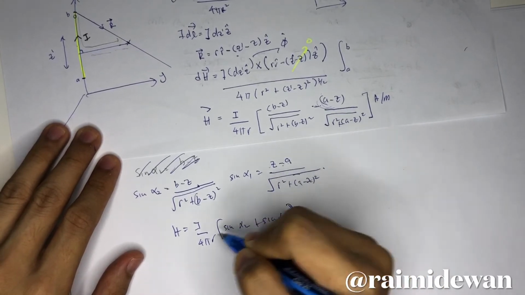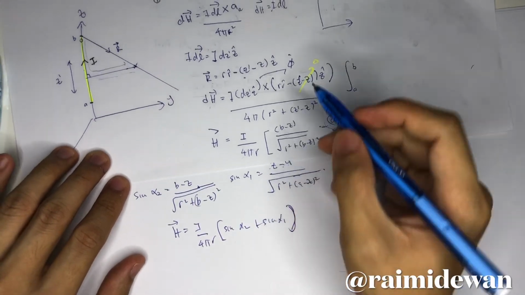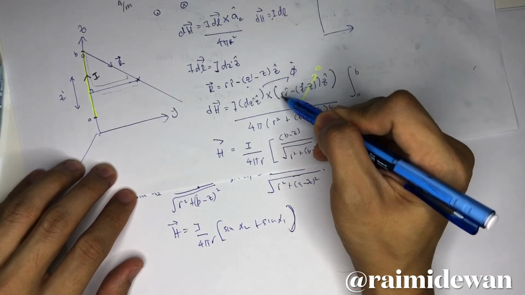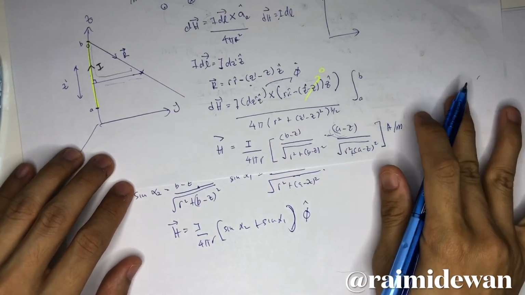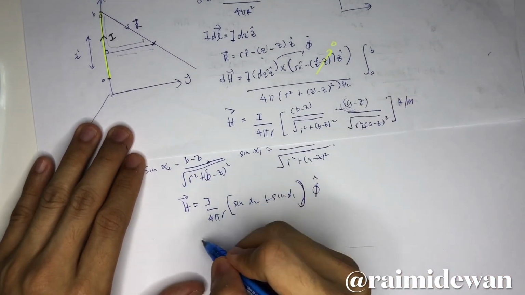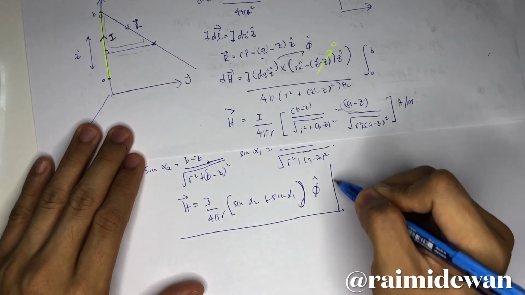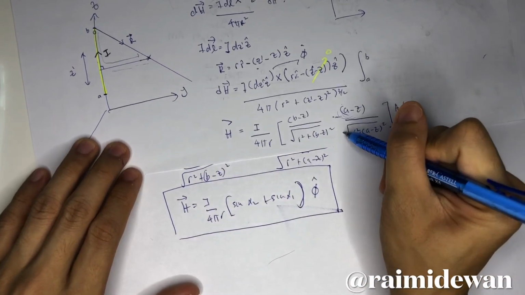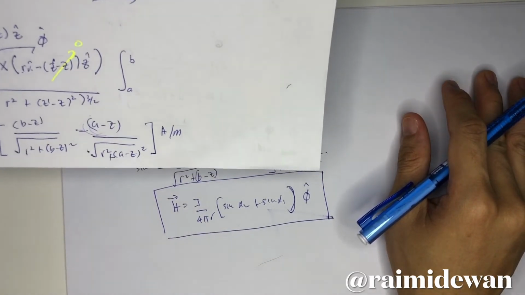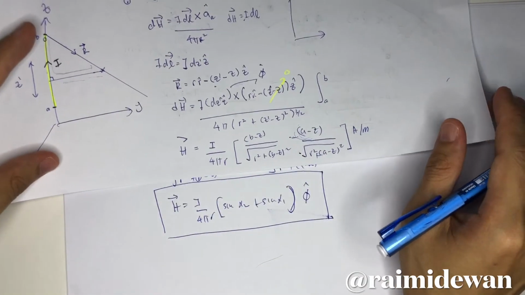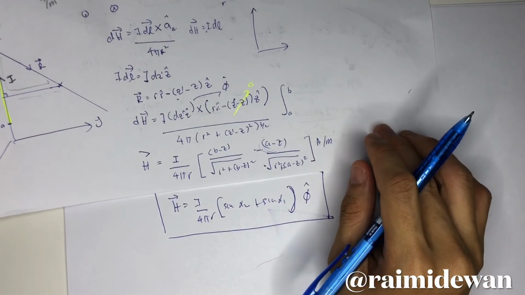Because we have direction, z cross r will result in phi. So you have your phi now. This is the simplified equation for the long version. You can find H anywhere for the line current using this.